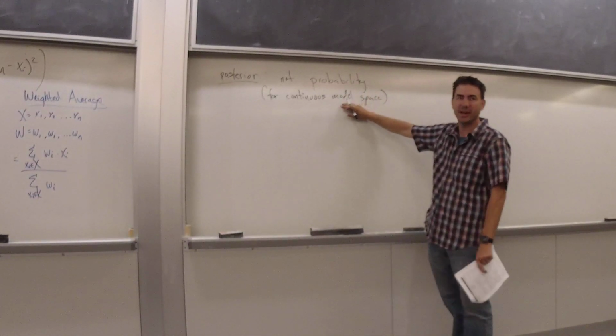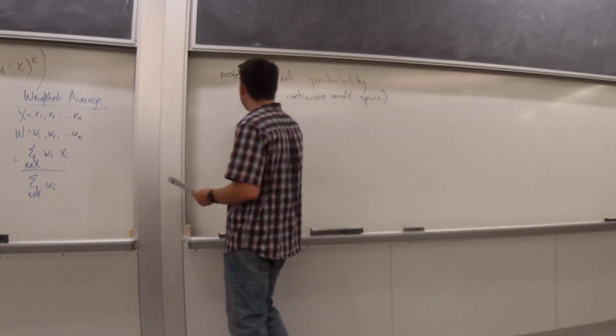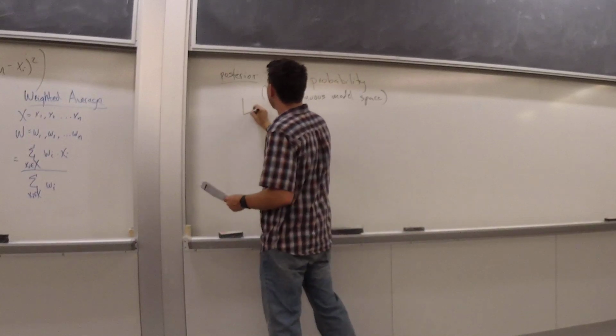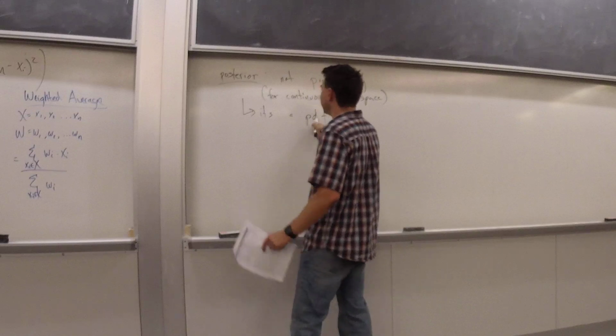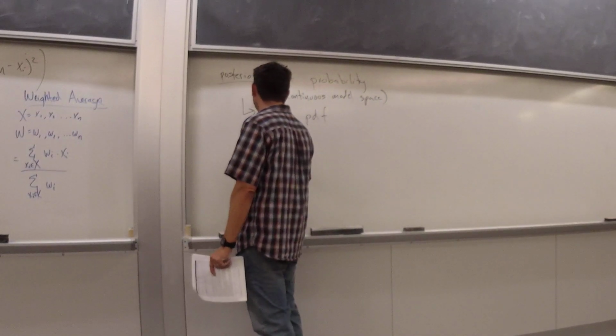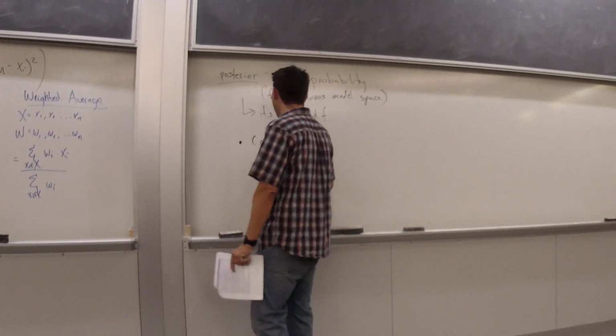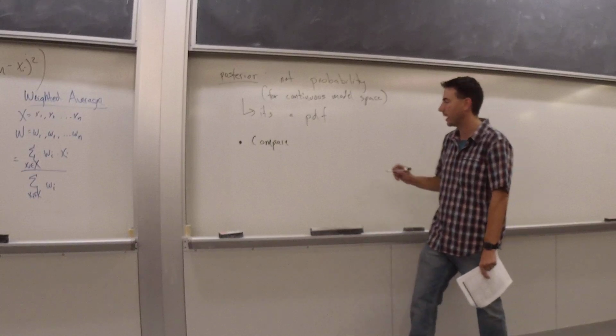It's a PDF instead. So that means I can't talk about probability, but I can still do certain things. It still acts like a PDF, and so that means that I can do various things. I can take two of these things, and so I can compare them.